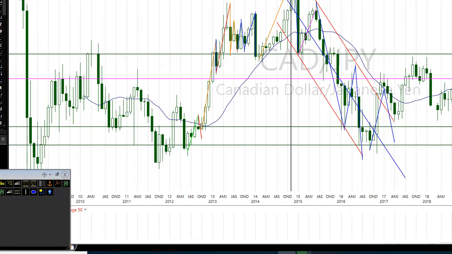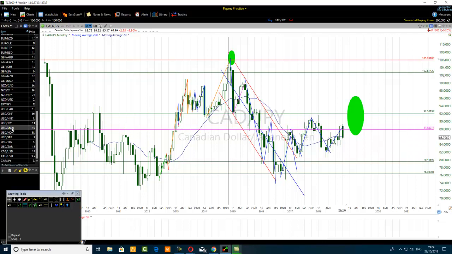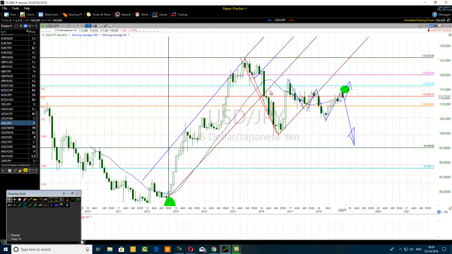You see, it came out of this here. 1, 2, 3. It's also at a resistance zone. You see that's a peak line. You remember Japanese yen also.